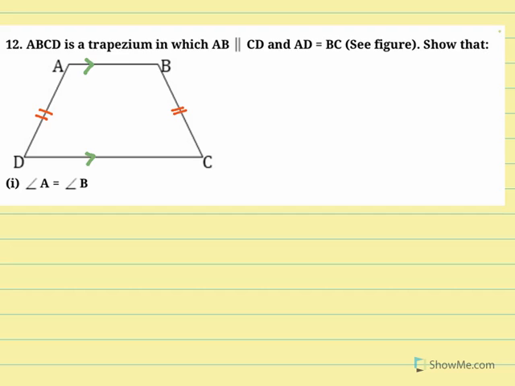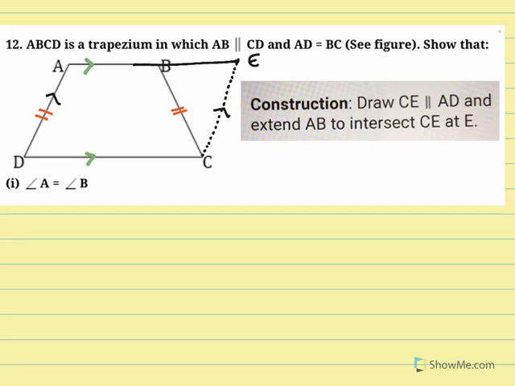So I need to construct CE parallel to AD. I produce this further and it will meet this point at E. So I need to write that construction: draw CE parallel to AD and extend AB to intersect CE at E.